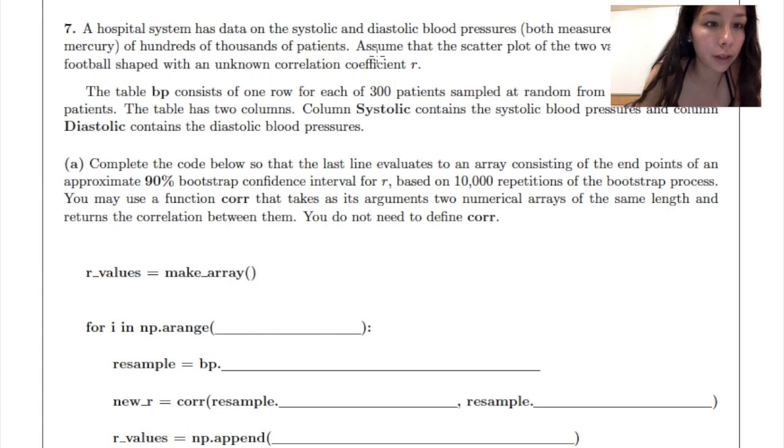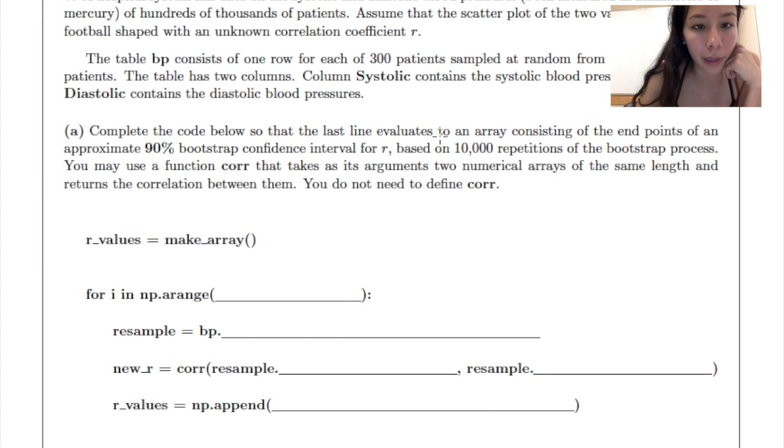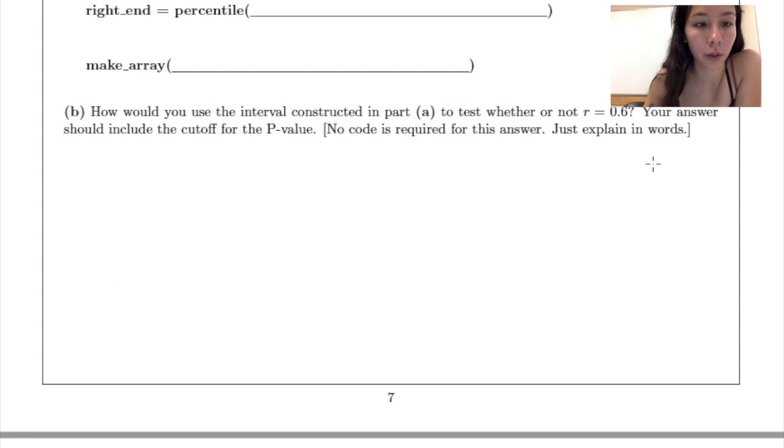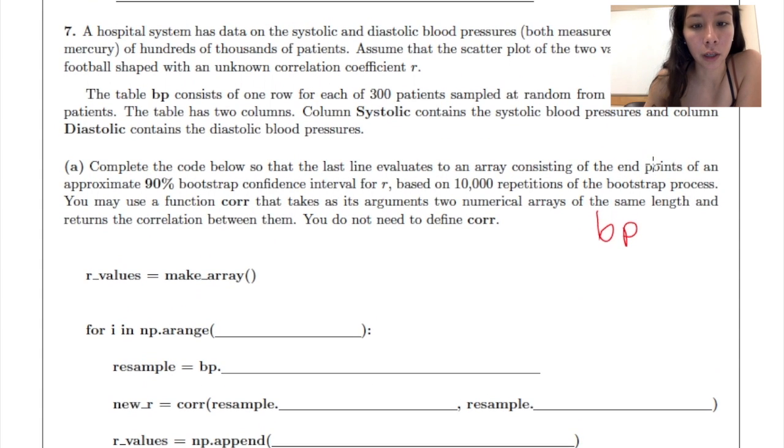Assume that it's roughly football-shaped with an unknown correlation coefficient R. The table BP consists of one row for each of the 300 patients, sampled at random from the population of patients. It has 2 columns, so I'm just going to draw out really quickly what this would look like. So it has columns systolic and diastolic, which has all the information for 300 patients.